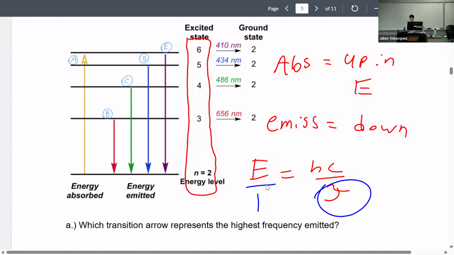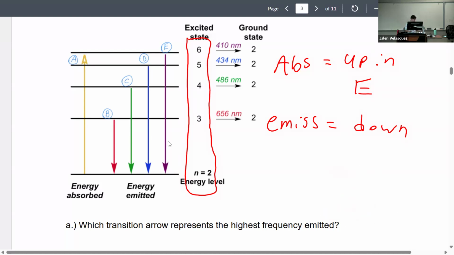They're going to be opposites of each other. So if I'm looking for the longest wavelength, it's going to be the smallest energy. So part B is the shortest arrow, smallest energy, so it'll be the longest wavelength.